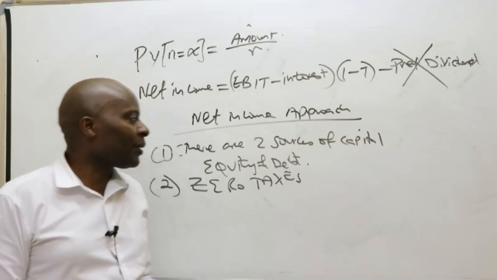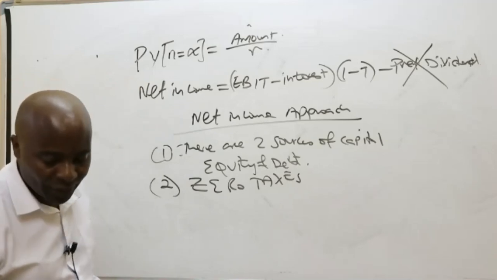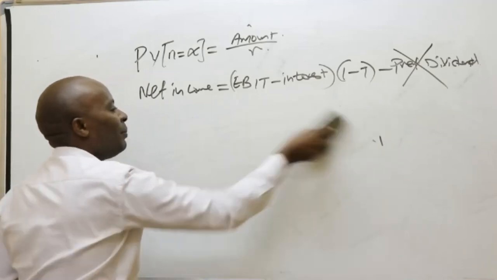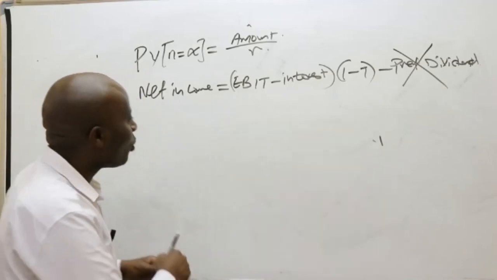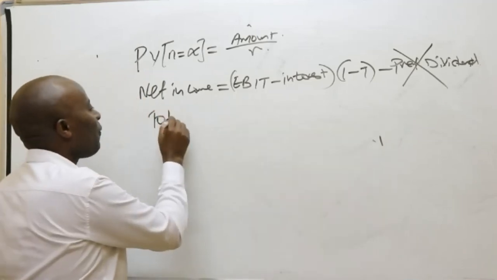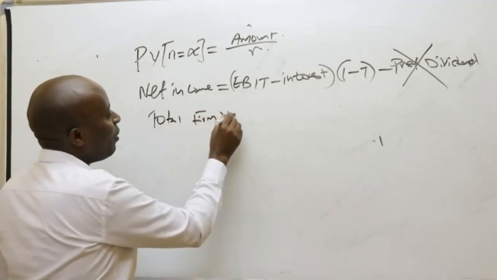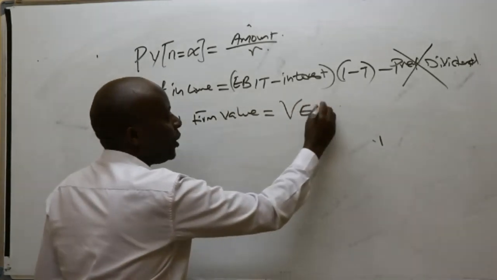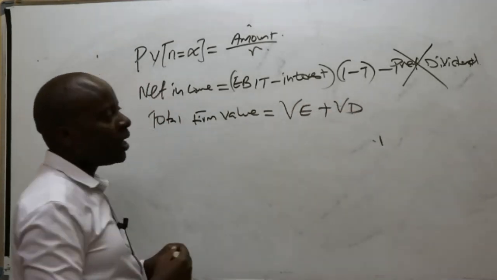Now, the other thing that I'm supposed to know, ladies and gentlemen, in terms of the net income approach, is that the total firm value will always be equal to the value of equity plus the value of what here? Debt.